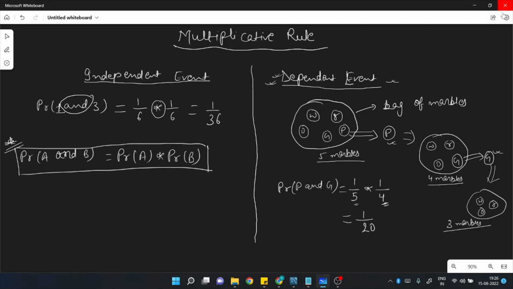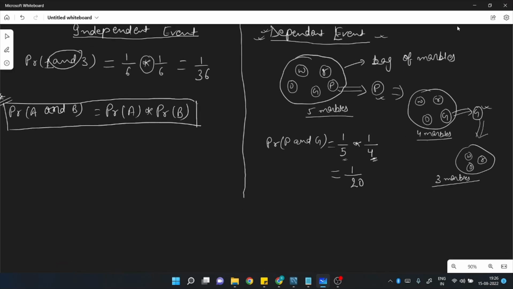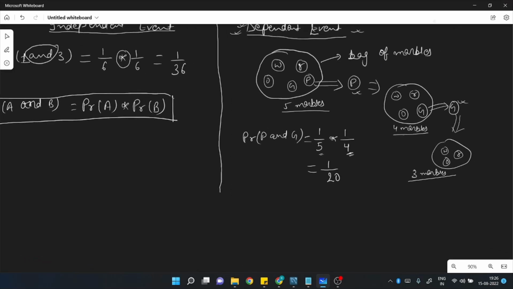Now, the general formula for the multiplicative rule of dependent events is: probability of A and B equals probability of A into probability of B given A. This is very, very important to understand, and it is called a conditional event.